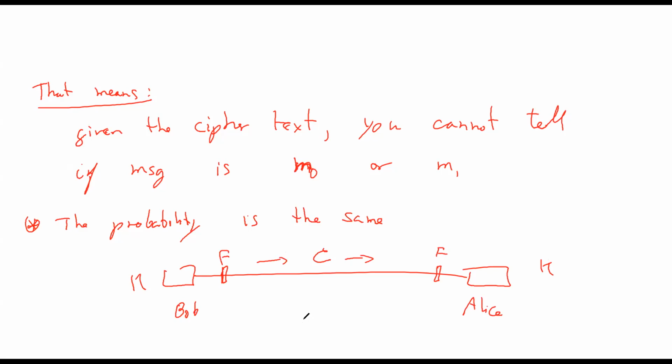So Zelda can intercept. So if you are an attacker and you intercept a particular ciphertext, then in reality, the probability that the decryption of C is M0 is exactly the same as the probability that the decryption will give you M1.